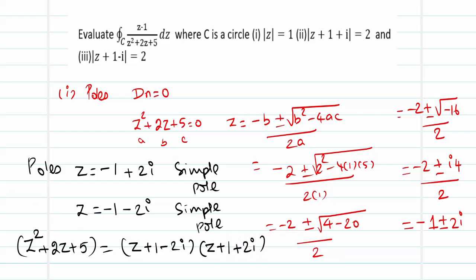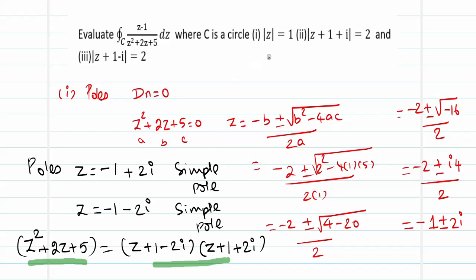So keep in mind your denominator can be written as the product of z plus 1 minus 2i and z plus 1 plus 2i. We need to replace it in this way so that it will be easy for the cancellation when we apply multiplication of the factor into the function f of z.